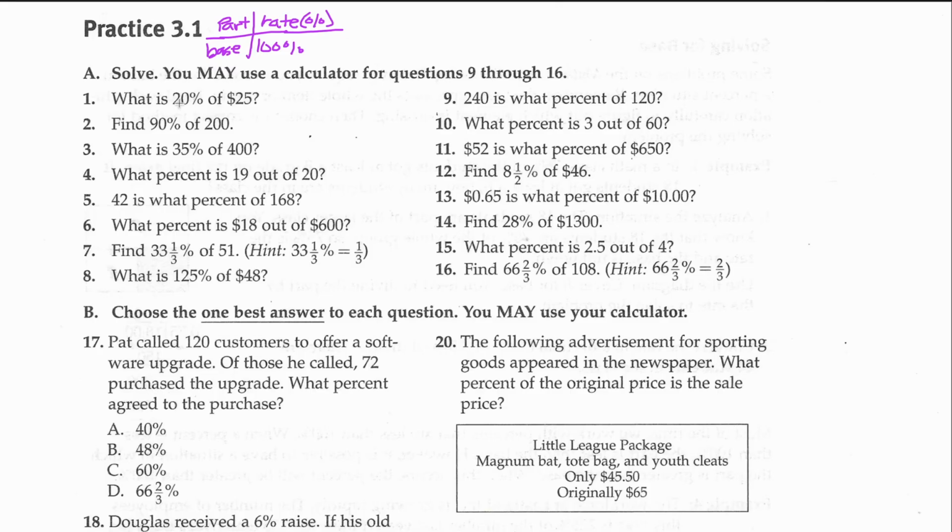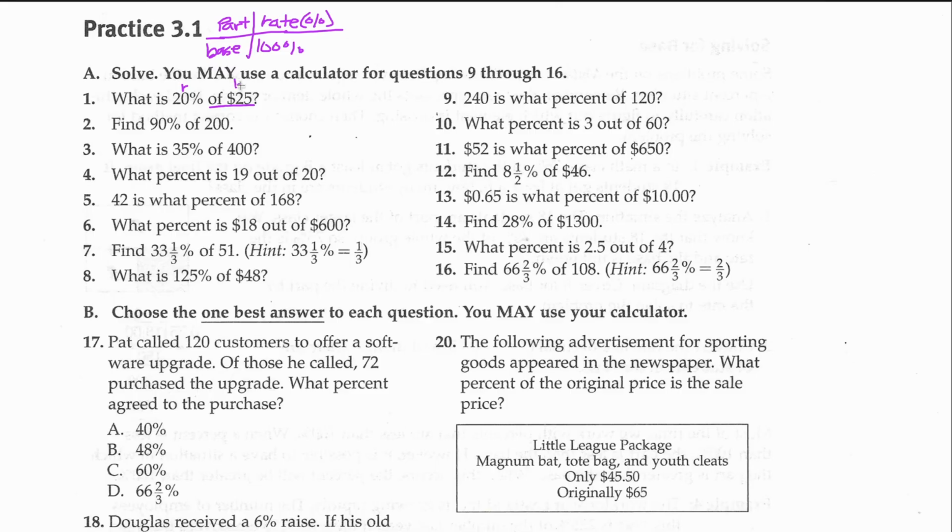Number 1: What is 20% of $25? 20% is the rate, R. And of $25: remember, the number that comes after the word of is the base.